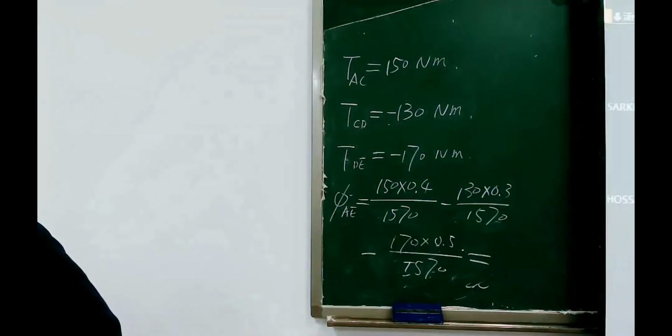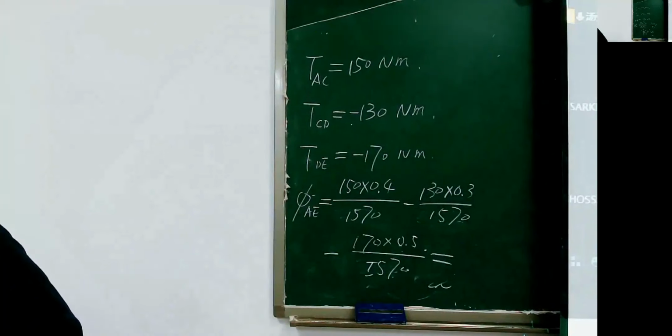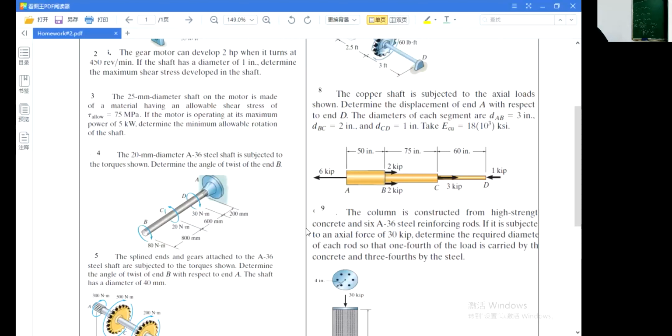This one. Share the. And you find it correctly. I'm waiting you. This one. G is 75 gigapascal.